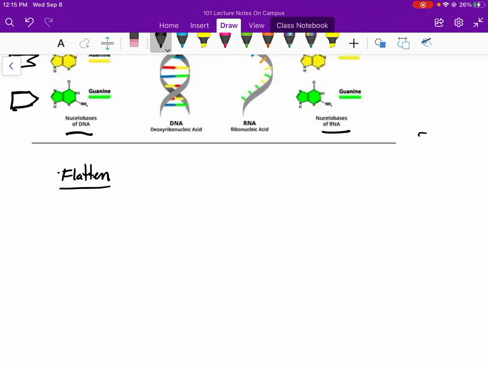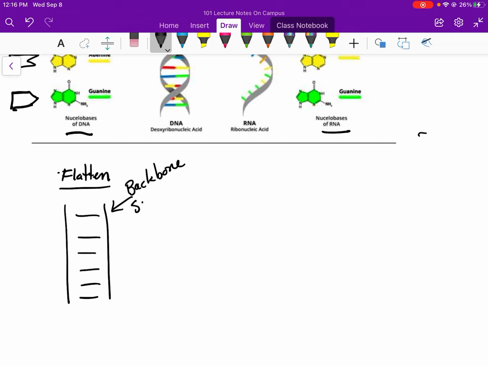I would have two strands like this, and you'd have a ladder-like structure. We call these two things on the sides the backbones, and the backbones are made of a sugar and a phosphate, the sugar-phosphate backbone. It sort of looks like a ladder.